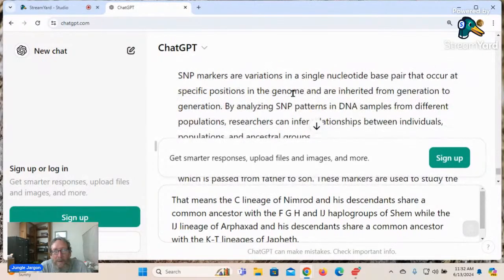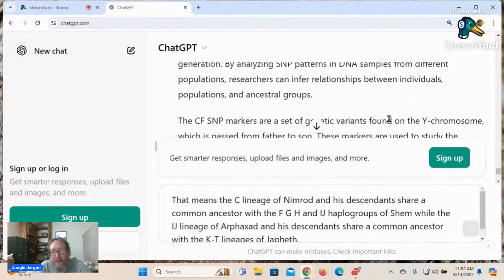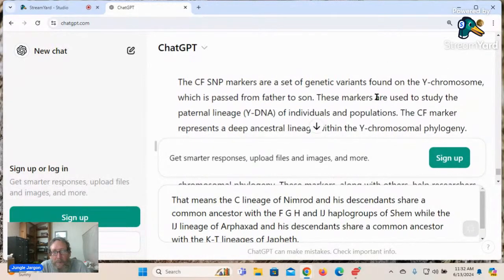SNP markers are variations in a single nucleotide base pair that occur at specific positions in the genome and are inherited from generation to generation. By analyzing SNP patterns in DNA samples from different populations, researchers can infer relationships between individuals, populations, and ancestral groups.